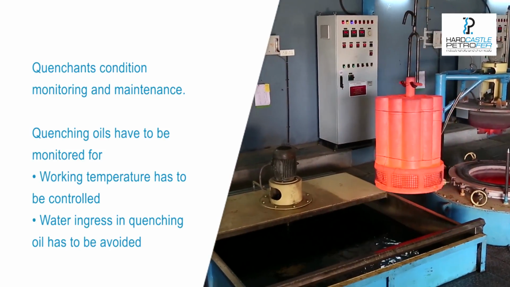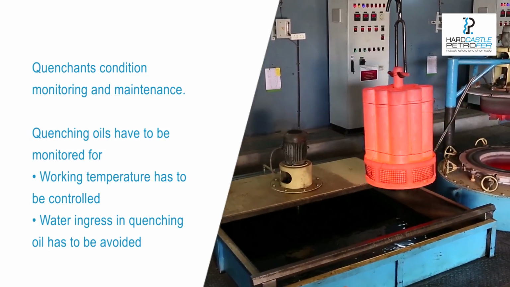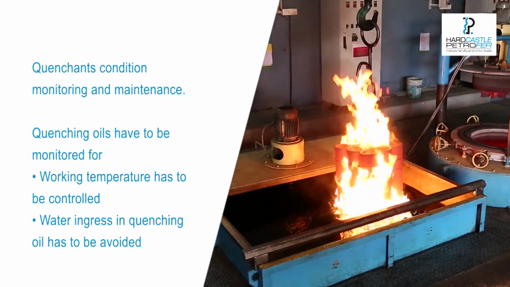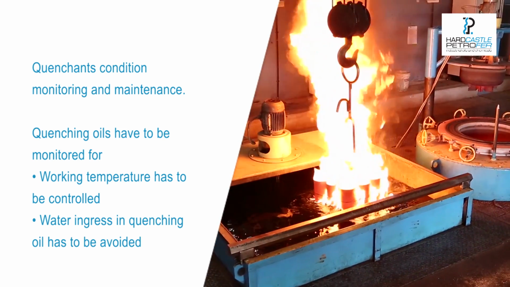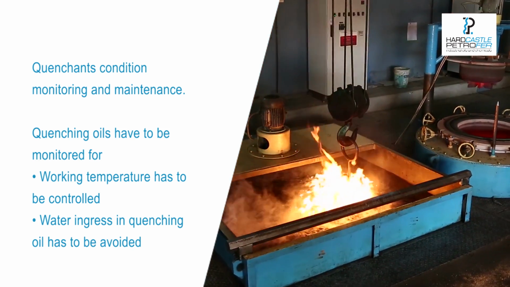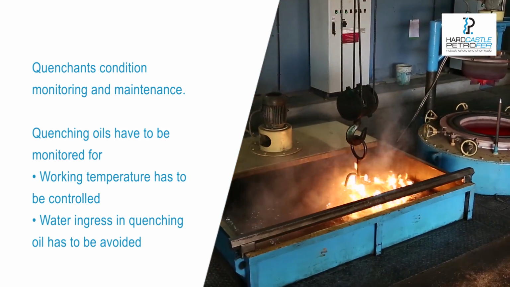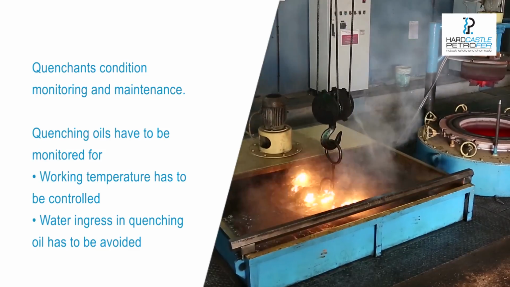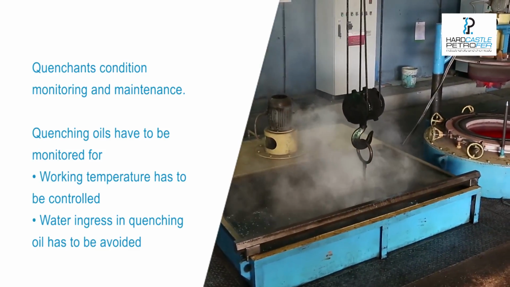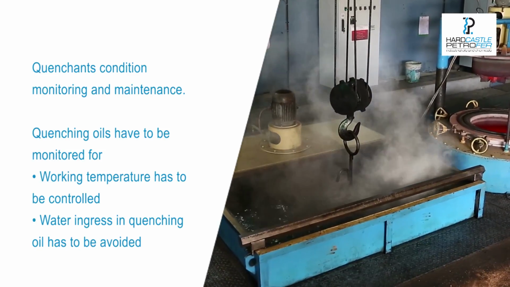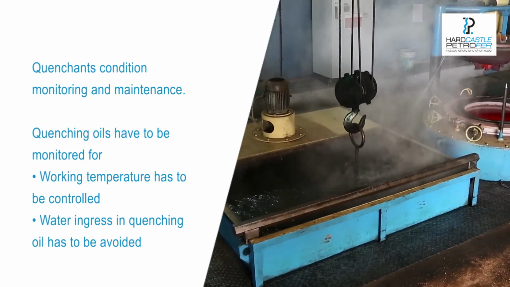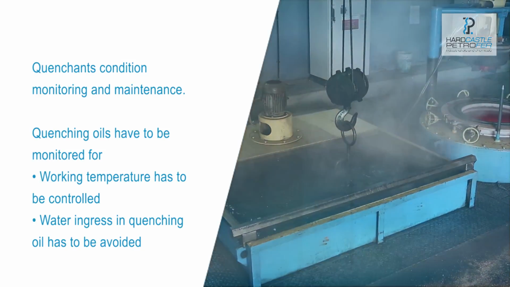Attention should, however, be paid to ensure the working temperature of the oil is maintained and that the temperature never exceeds one which is at least 60 degrees Celsius below the oil's flash point. The oil should also be regularly checked for water contamination. We recommend checking oil baths at least annually and water-miscible quenchants at shorter intervals depending upon the operating conditions.